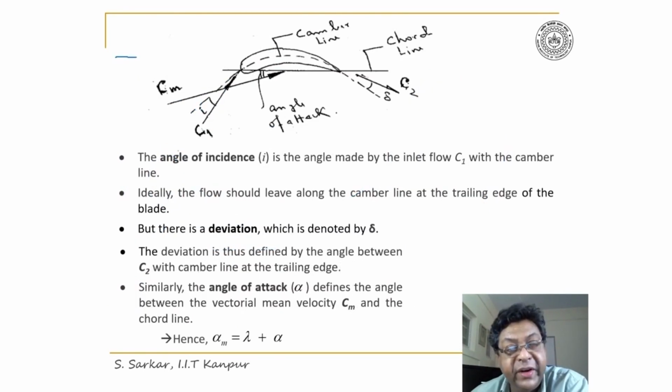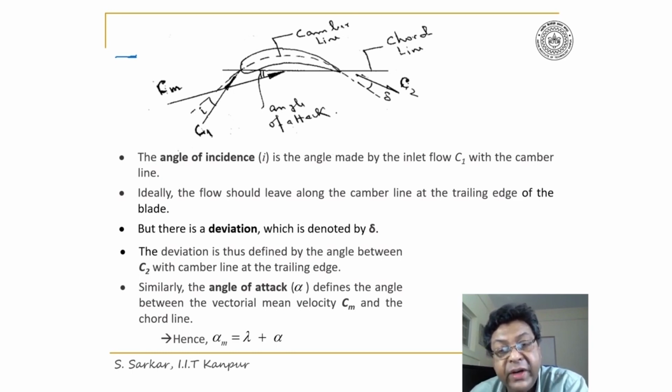I have considered here a few very important parameters like angle of incidence I, deviation del, and angle of attack alpha. To define that, I have considered an aerofoil on the chord line.